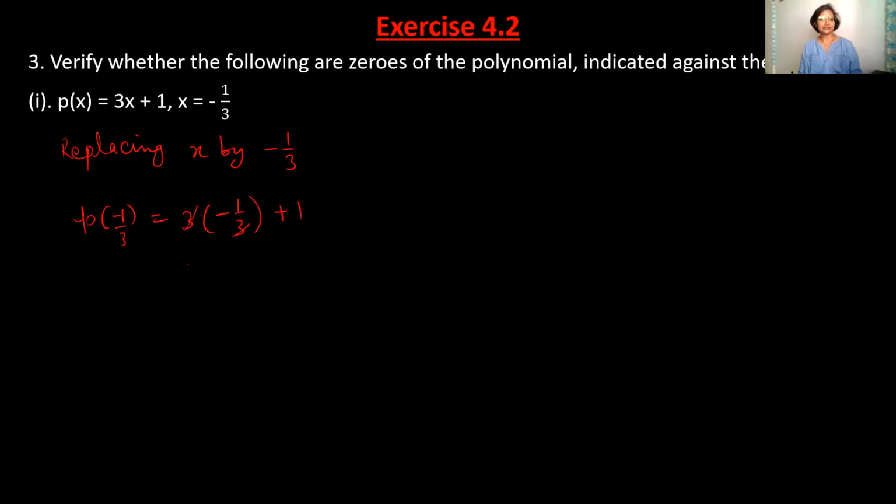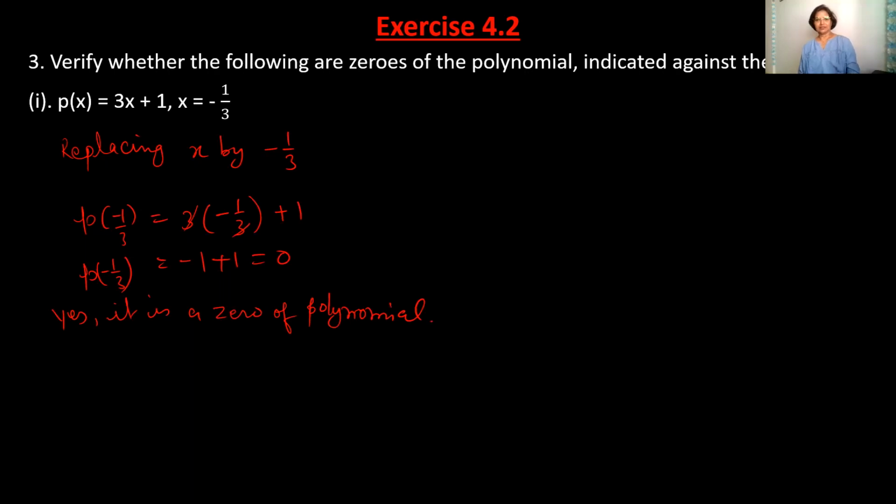So this 3 and this 3 will be cancelled. So it will become minus 1 plus 1, which becomes 0. So we have to write, yes, it is a zero of the polynomial.